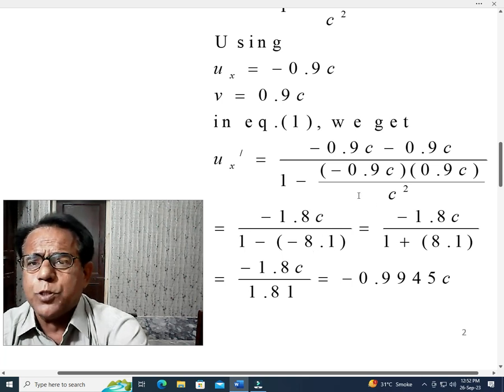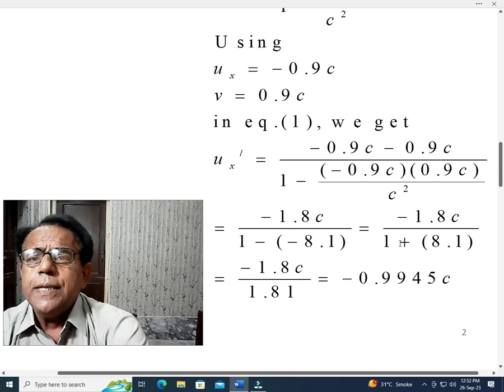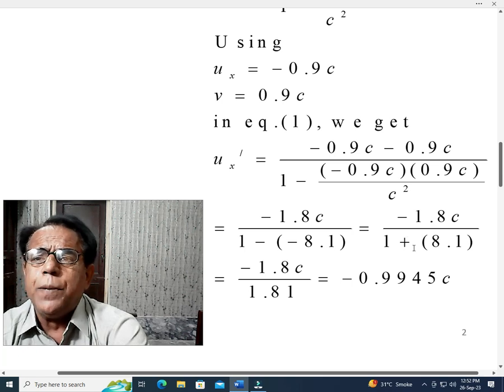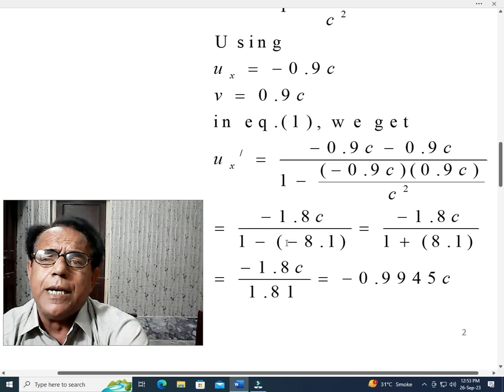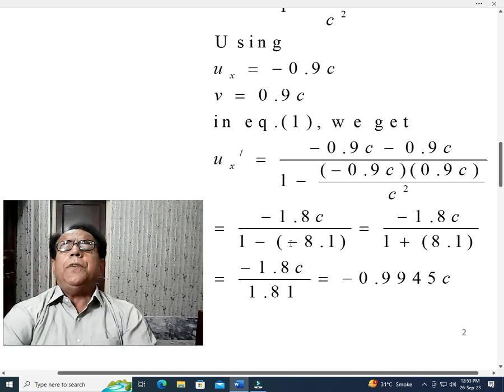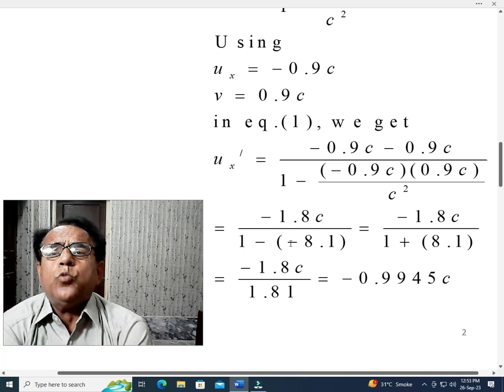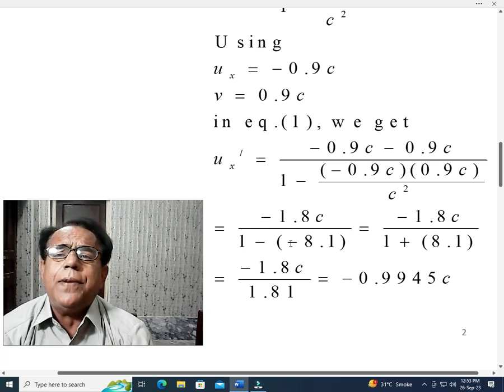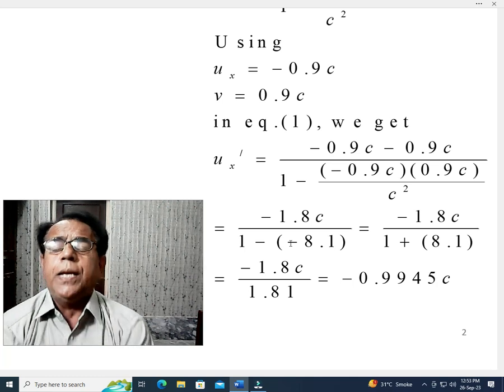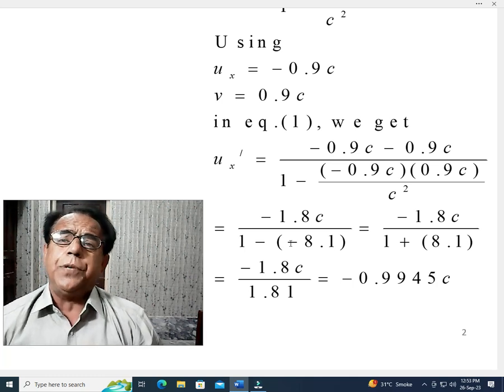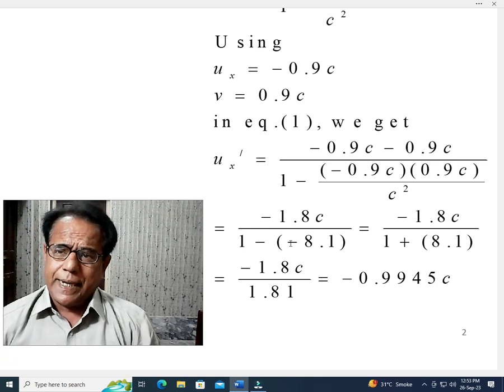This becomes equal to this over 1 plus 0.81, because minus is outside and minus is inside. We know that multiplication of two similar signs always results in a positive sign, while multiplication of different signs always results in a negative sign.